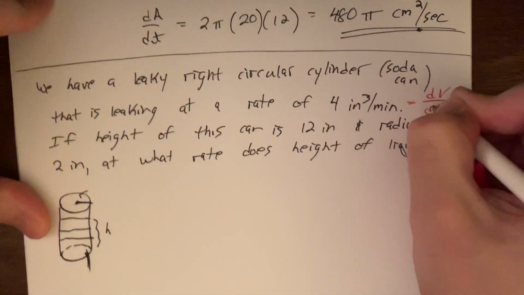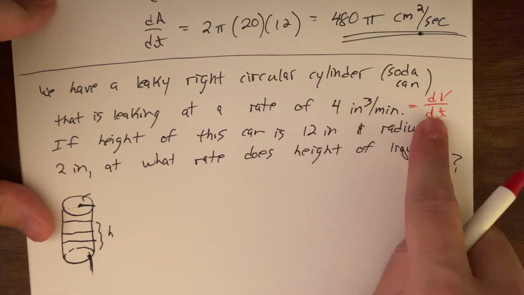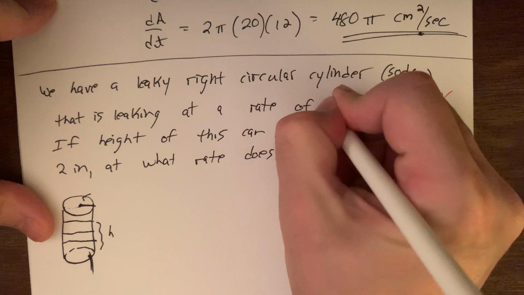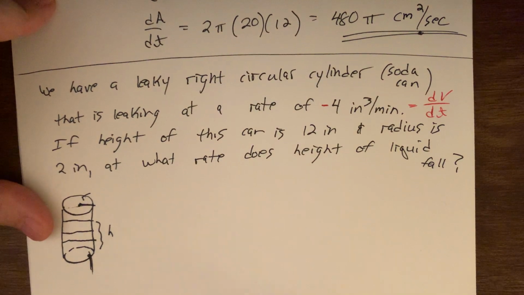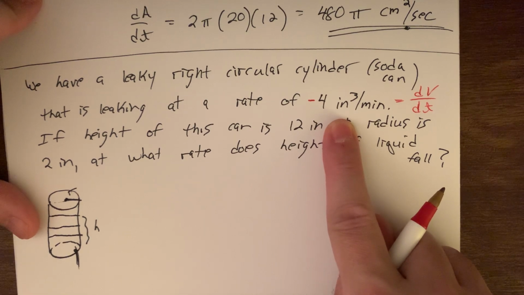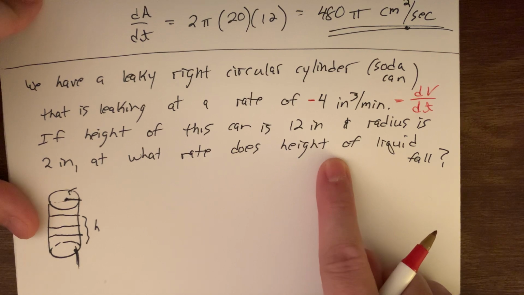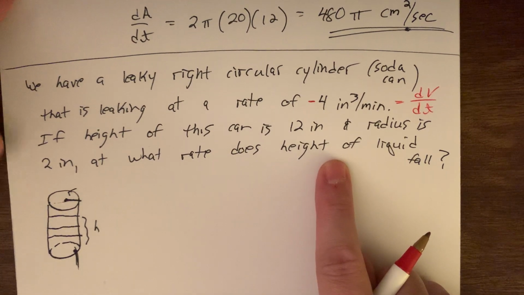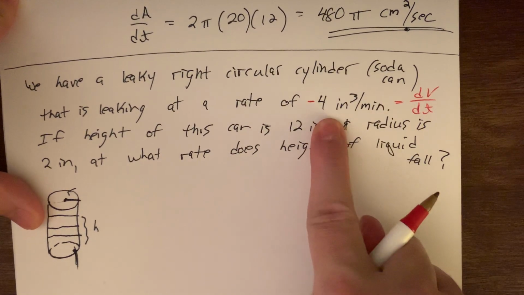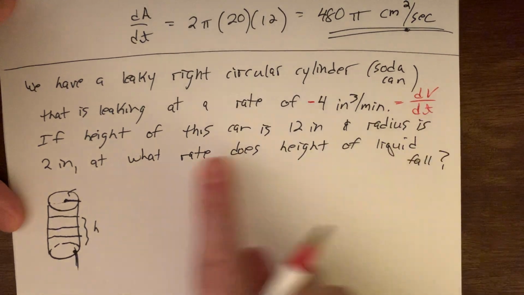So this will represent dV/dt. And now here's two little things. You could realize that it's leaking and make that a -4 to encompass the fact that we're losing volume. Or this one will kind of work out naturally, that if we ignore it here, it'll come out as a positive answer, and we have to realize that's how the height is falling. But I'm sorry, let me not jump ahead though. So that's the first thing. We see that. That's derivative information, specifically the derivative of volume.